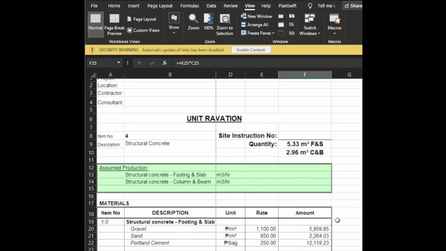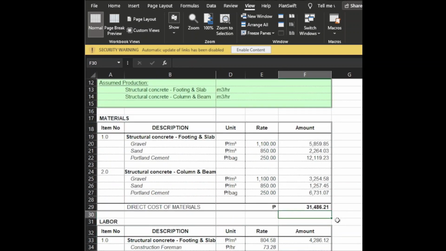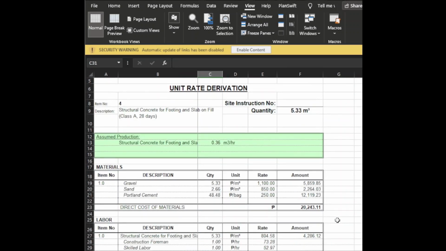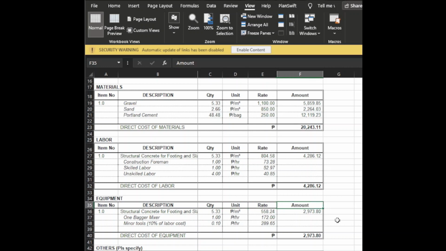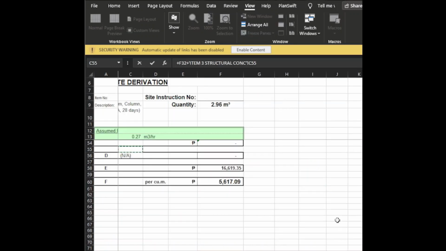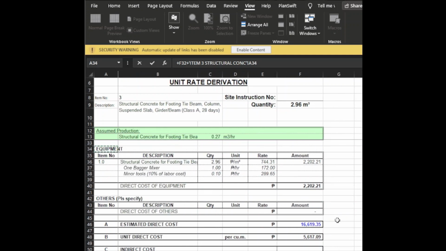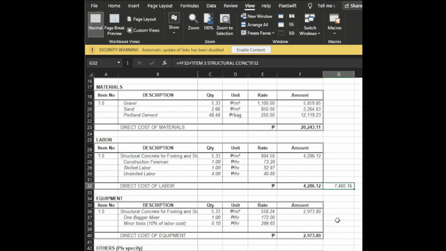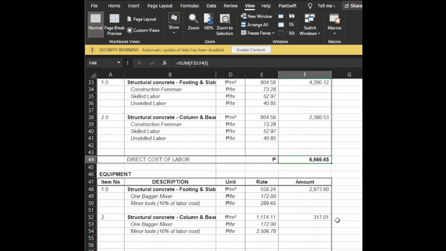I think 31,000. No, we don't have. The labor is the total for labor here. We will check plus the previous one. Labor is 7,460, but here is only 6,000.